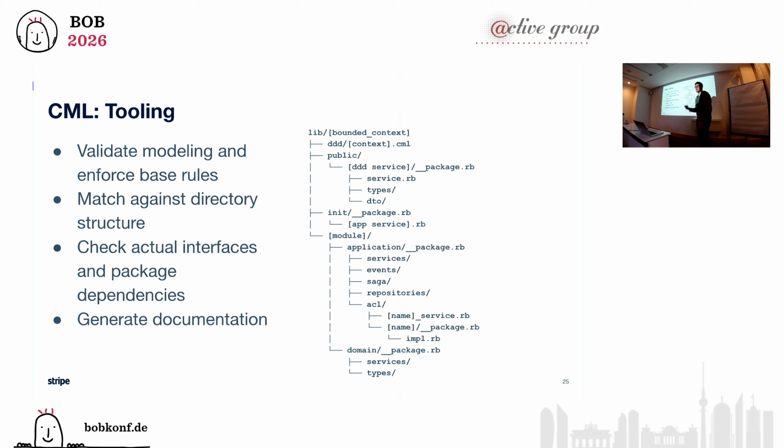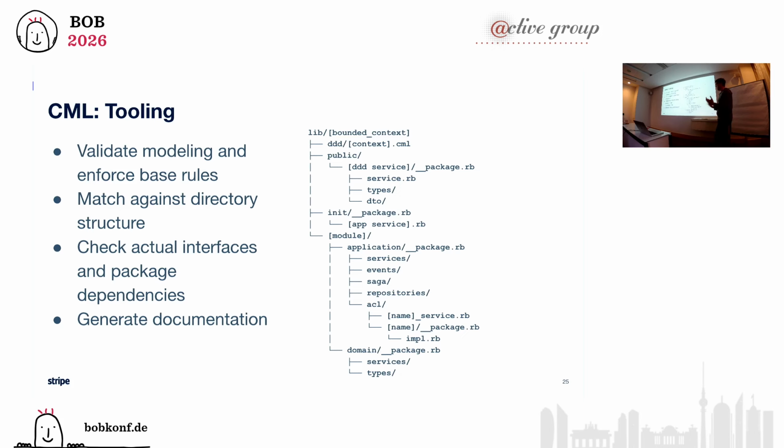It'll check the interfaces of the application servers and make sure that they are actually doing what you agreed to. And it also checks package dependencies, so that for example, the product catalog domain, which is responsible for representing what you're selling, never depends on the sales domain, because that dependency just shouldn't exist in our business context.